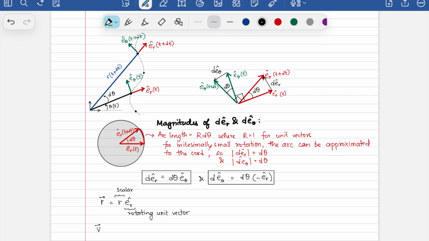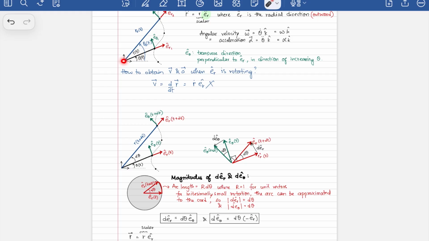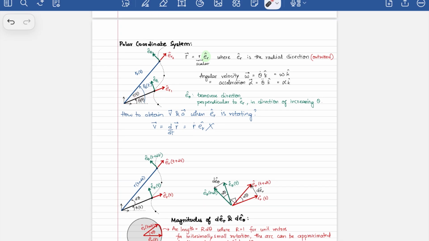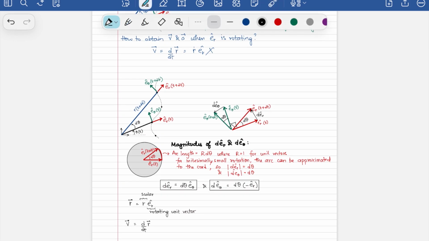So what is v? The differentiation of the r vector. Essentially, we have this as your r vector becoming this in time. What is the rate of change of that position vector? That gives us the velocity, right?